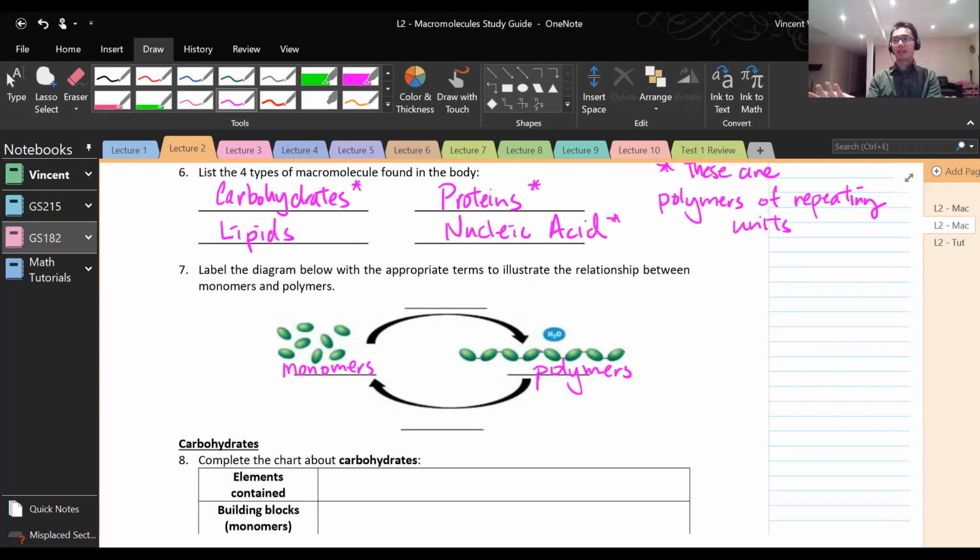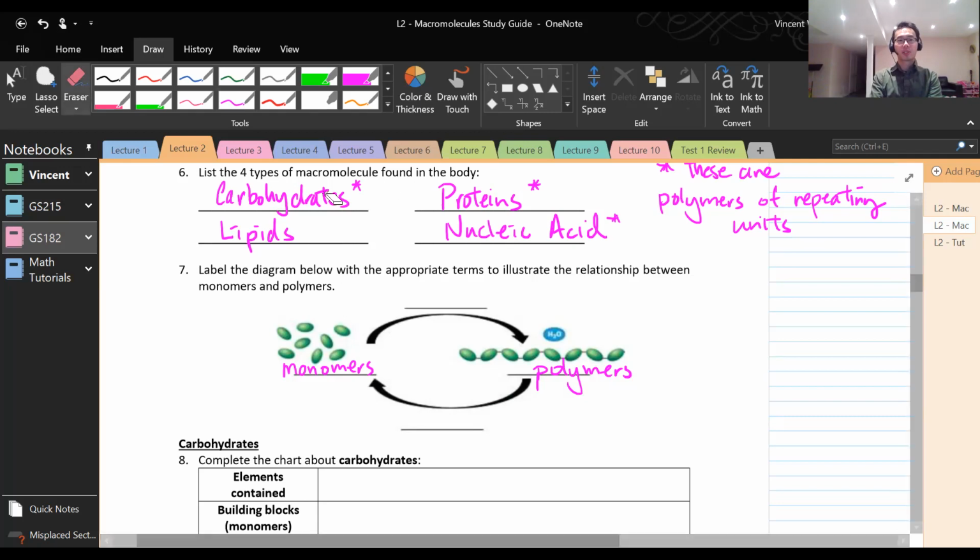You might be wearing a coat that says polyester. That is a polymer. If you cook with a non-stick pan, that coating that makes it non-stick, anybody know what that's called? Yeah, Teflon. Teflon is a polymer. So many polymers exist, but we are just talking about the ones found in the body.